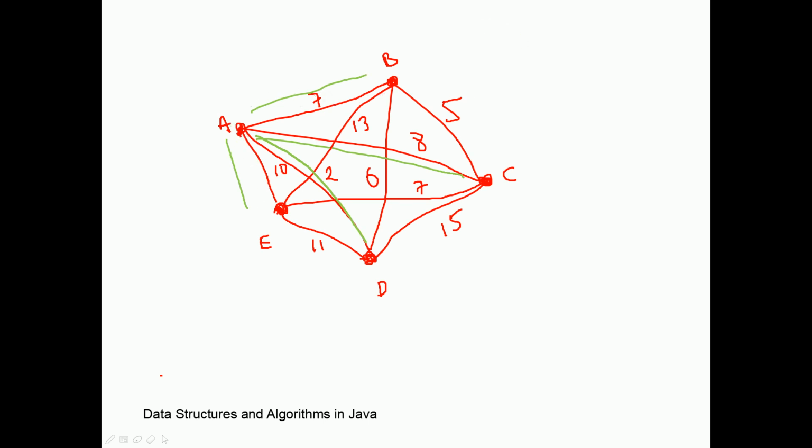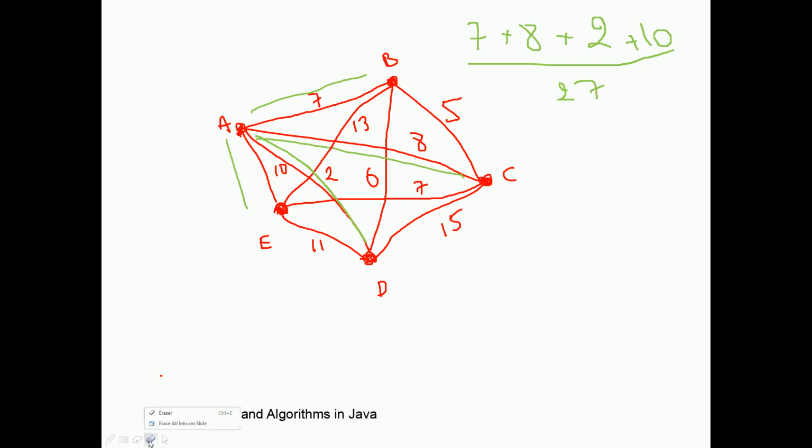From A to B, that's 7, and from A to E, that's 8, and then 2, and 10, which means the cost is 27.